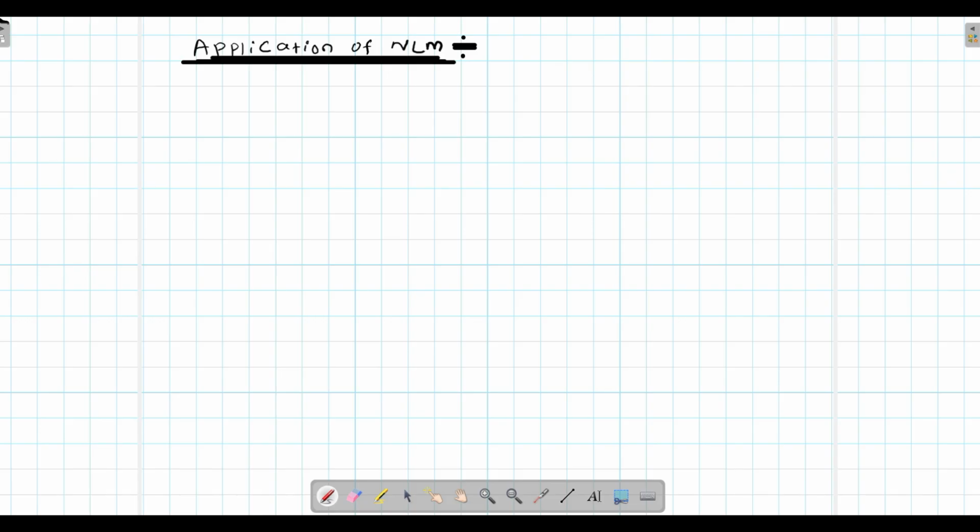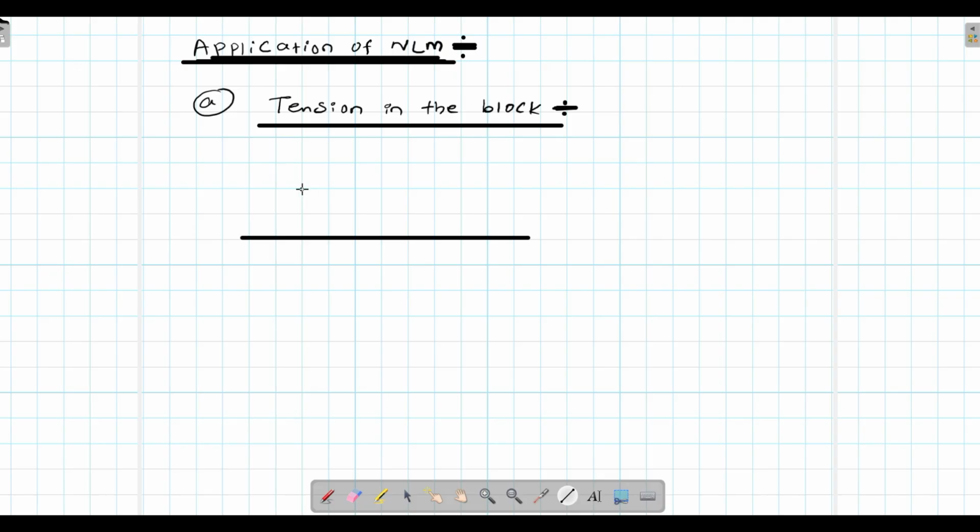First is tension in the block. F is the force applied.